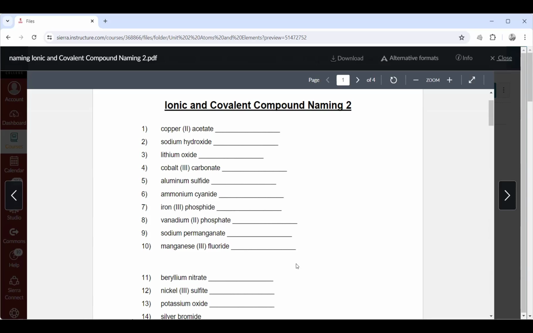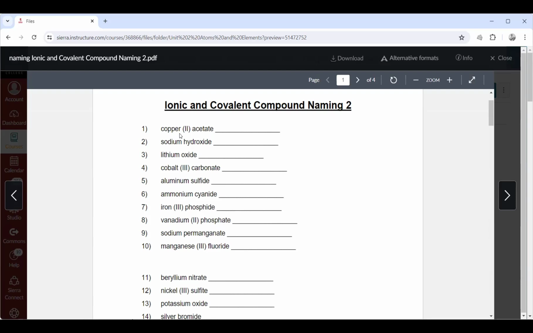So here I want you to write formulas. Notice right away, with the brackets around the first one there, copper(II) acetate, you know right away it's ionic because it's got brackets in there.